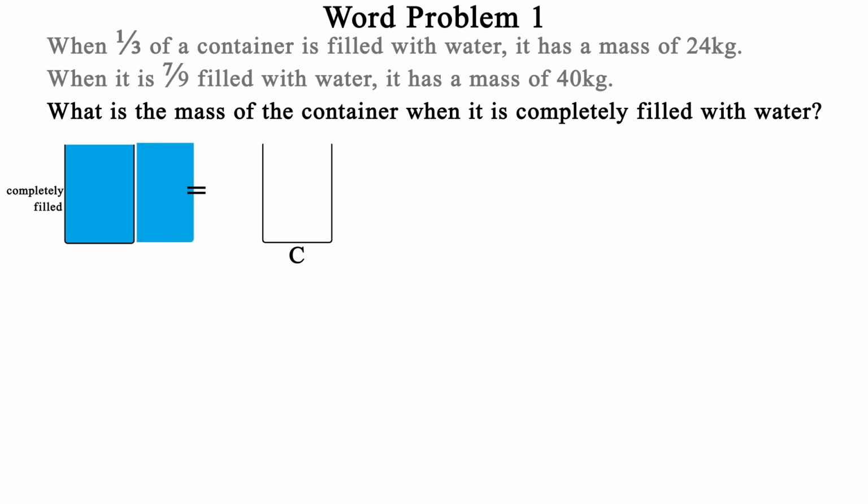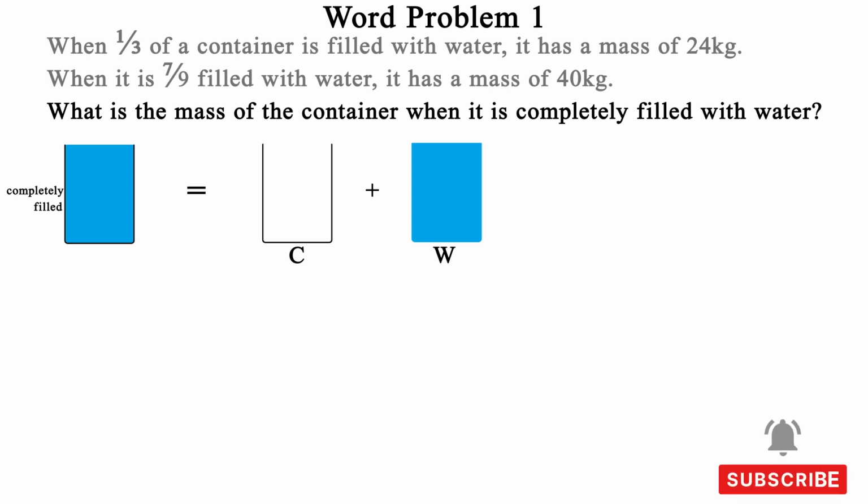And the water, whatever can be inside when it is completely filled, let us say the mass of the water is W. So there are two parts, empty container and the water inside. What I am after is the value of C plus W. If I can find out C, if I can find out W, I can definitely find out C plus W.